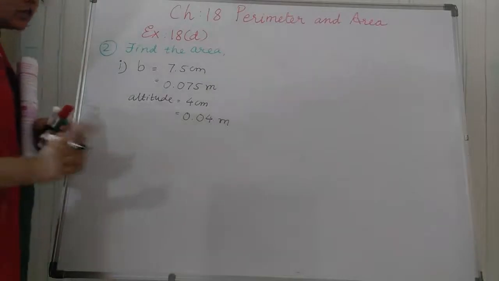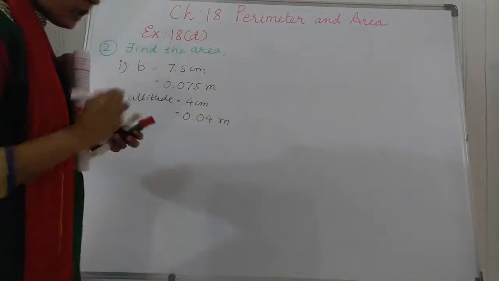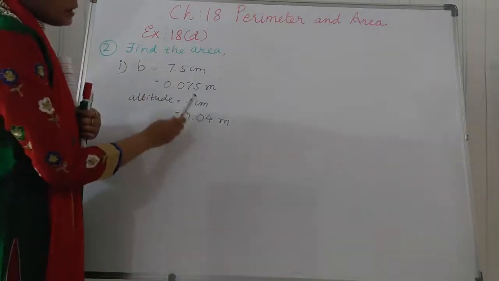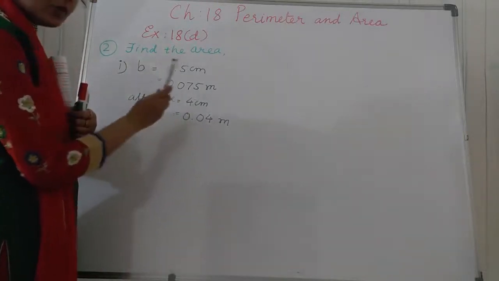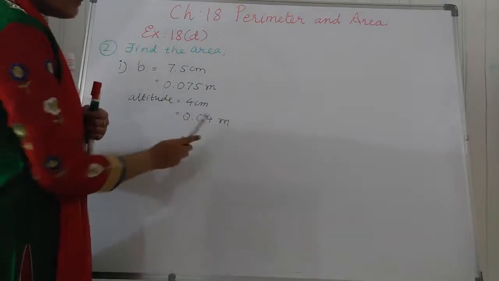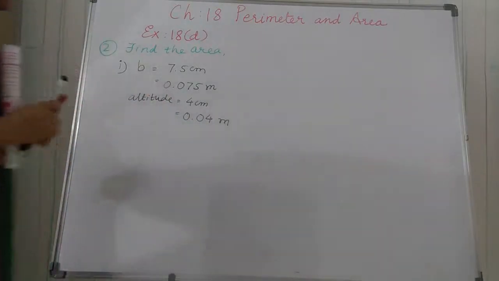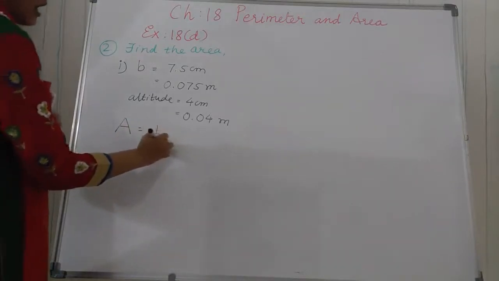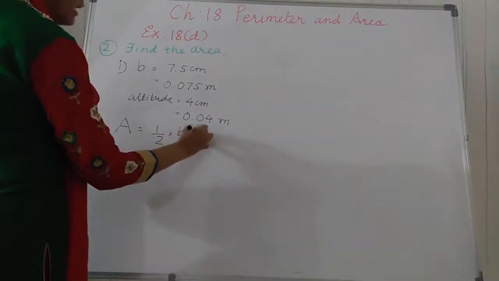We know the relation: 1 meter is equal to 100 centimeters. So students, by that relation, if you want to convert centimeters to meters, you have to divide by 100. Okay. Now let us write the formula: area is equal to half base into height.